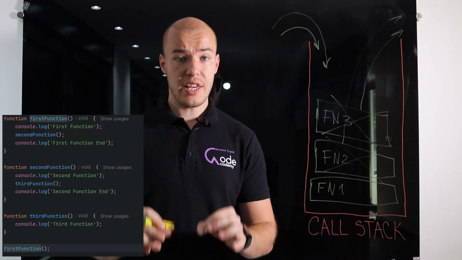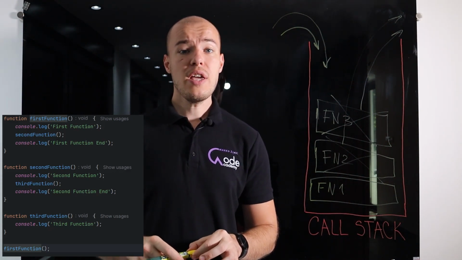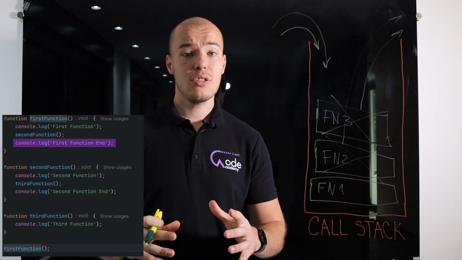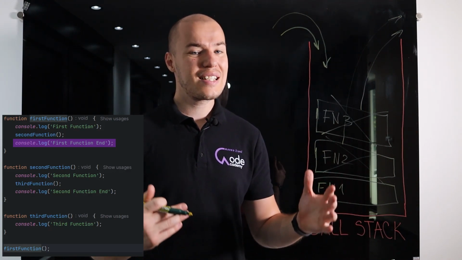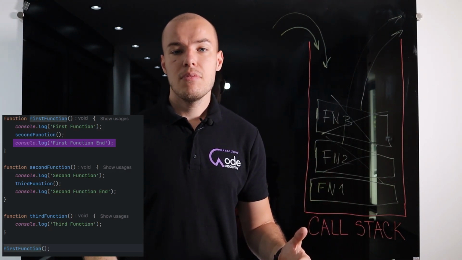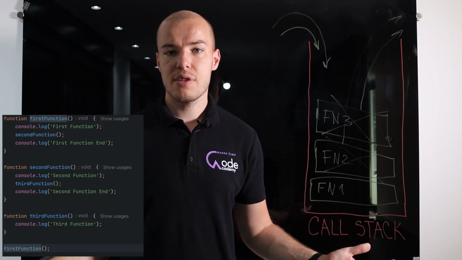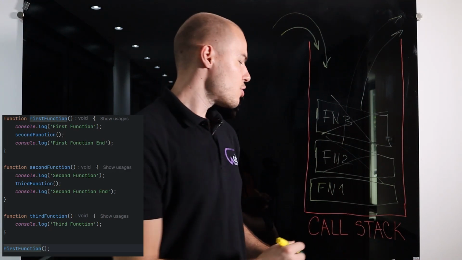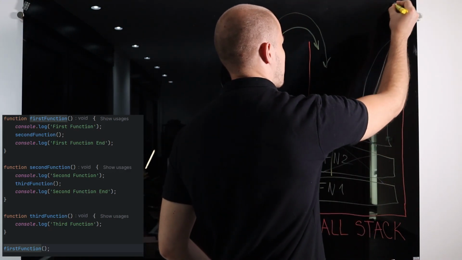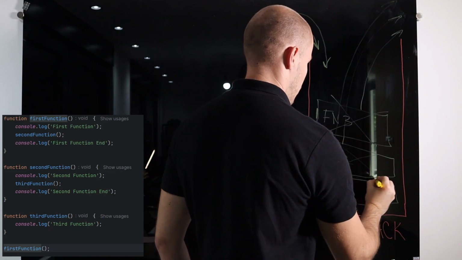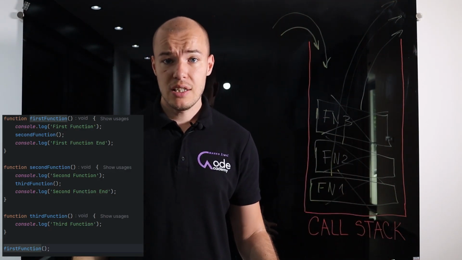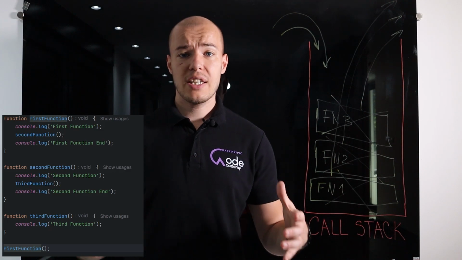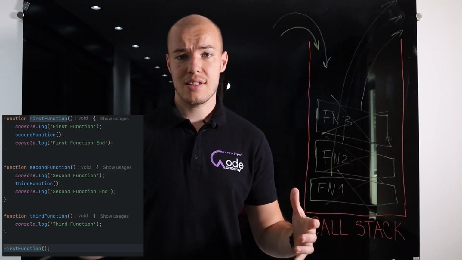And once we are there, we can see that we only have to print the end of the first function message to our console. Once that is done, we can simply remove the first function from the call stack, so it will be popped off also, and we are completely done. Our call stack is completely empty, which means that our application is done with its execution.